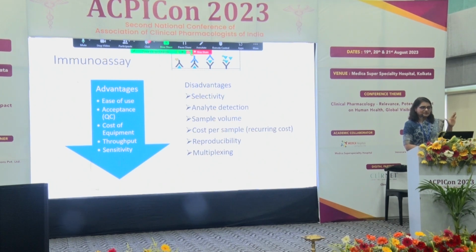Okay. Now the next point I would like to highlight is the reproducibility. Reproducibility in these assays is generally considered inferior to the LCMS-MS because you might have variations in the temperature of the lab.